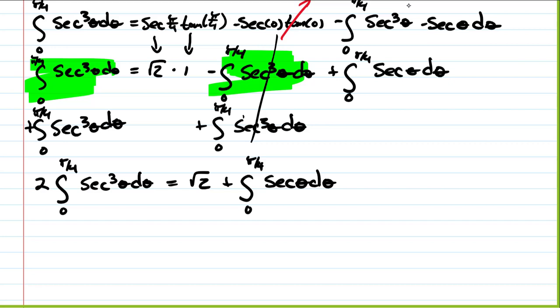So the way we do it the long way, if we don't remember, is you let u equal secant theta plus tangent theta, then du, the derivative of secant is secant tangent, and the derivative of tangent is secant squared.